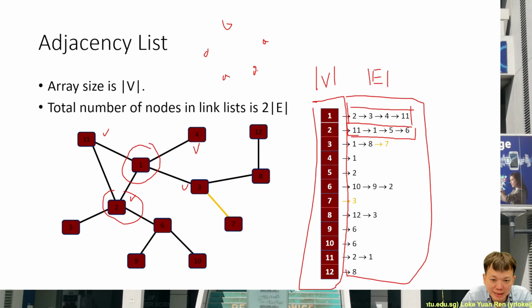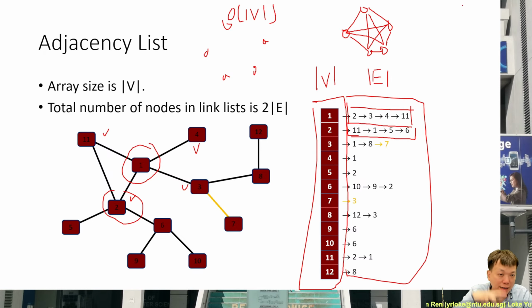This is the extreme case: no edges means empty linked lists, so the space you use is only V. The space complexity is only V. But if you have a complete graph, where they are all connected, how many edges are there? It is V times V minus 1, divided by 2. You have so many edges.